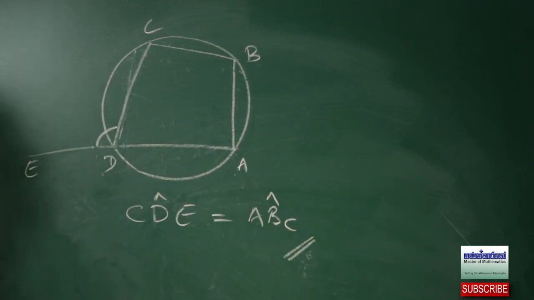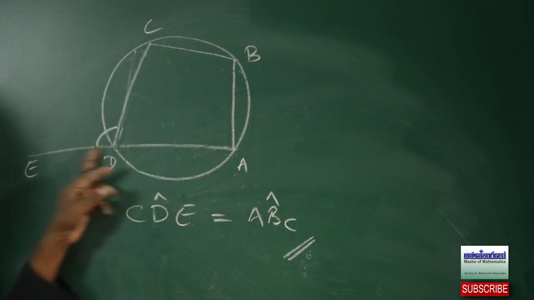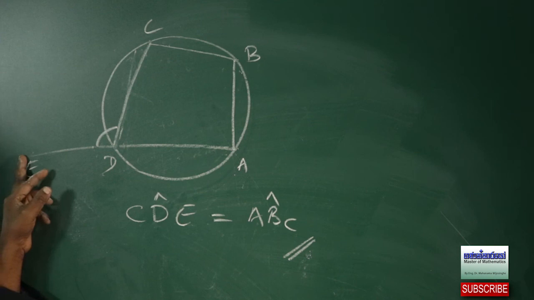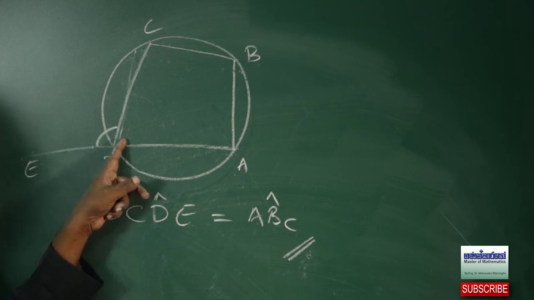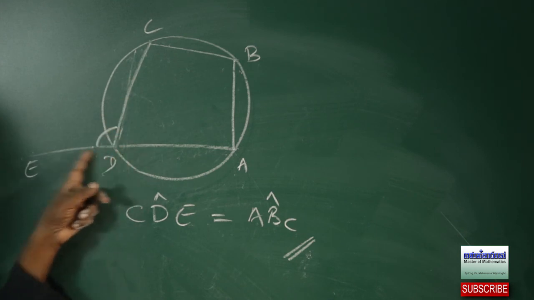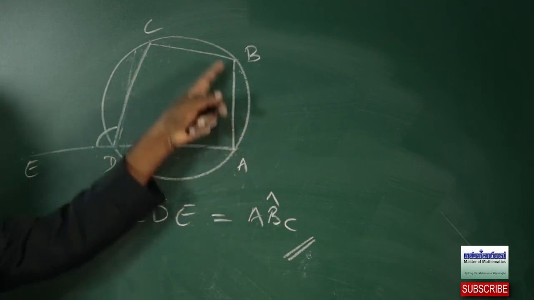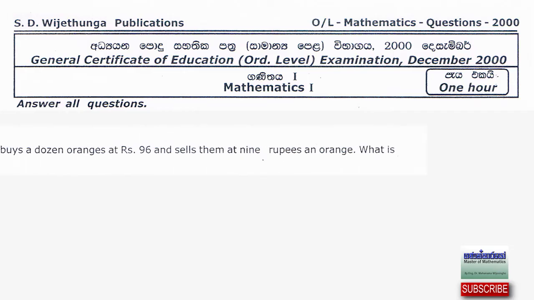This is the theory you have to know. If we produce one side of this type of quadrilateral, then the external angle is equal to the internal opposite angle. Then CDE equals angle ABC. This is the answer. Question number 18.